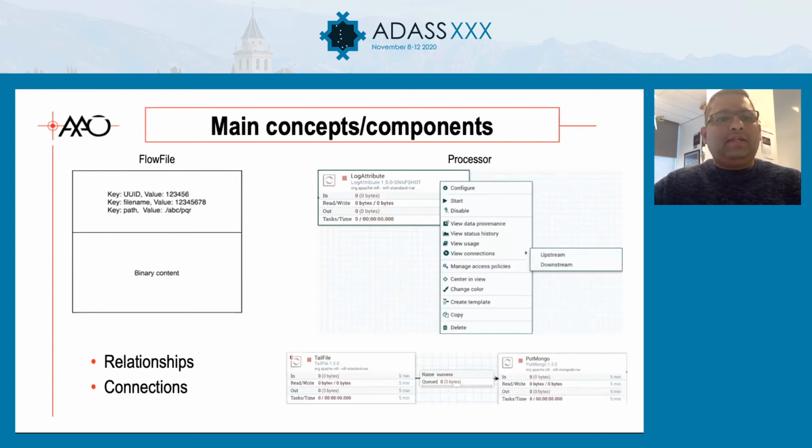A flow file is a representation of a single piece of data that's in the system. It is made up of two parts: attributes, or the header, if you like, and the data that it carries. The attributes are key value pairs, and there are 3 standard attributes: universal UID, which distinguishes this particular flow file from other flow files in the system, and file name, which is a human readable name.